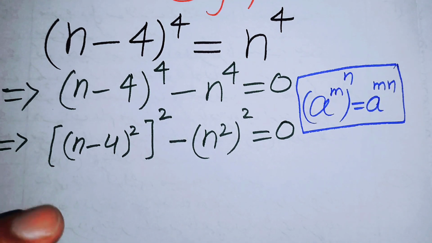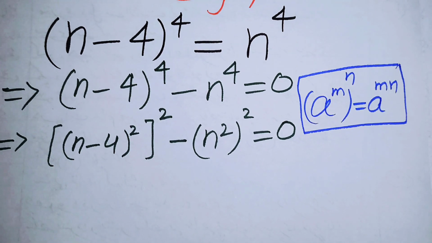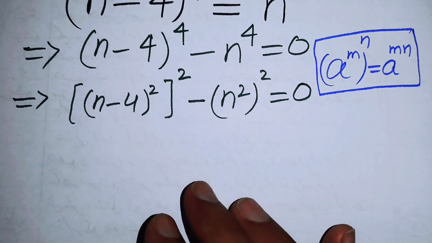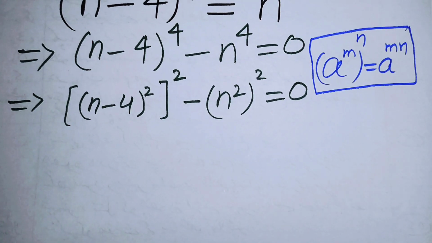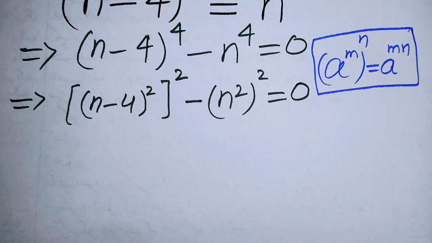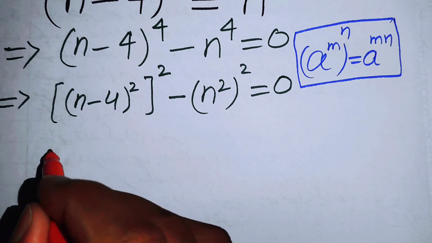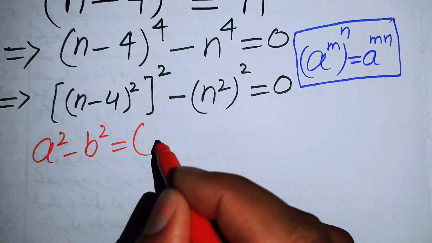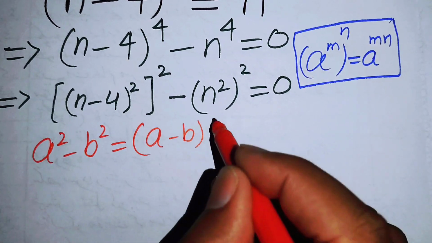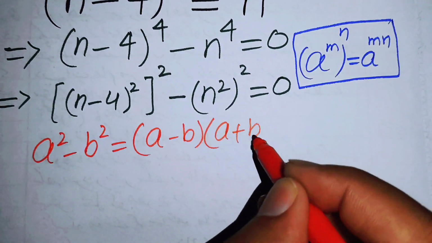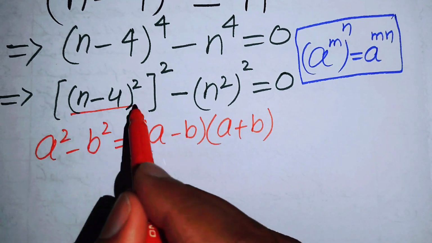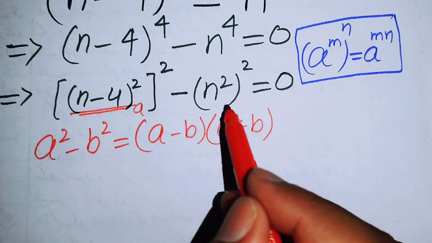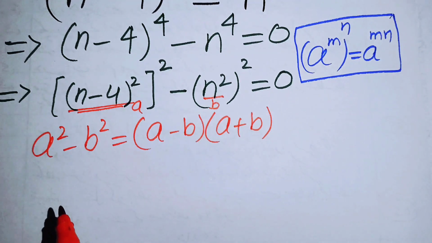And now after this step we can use another important square identity, and you know about this identity: if we have a squared minus b squared, it is equal to a minus b times a plus b. So here this is the value of a and this is the value of b.